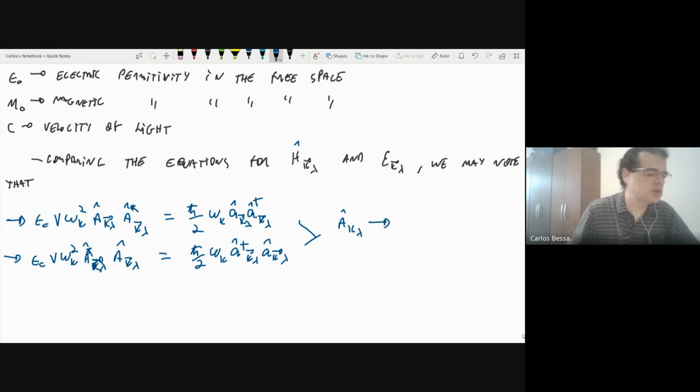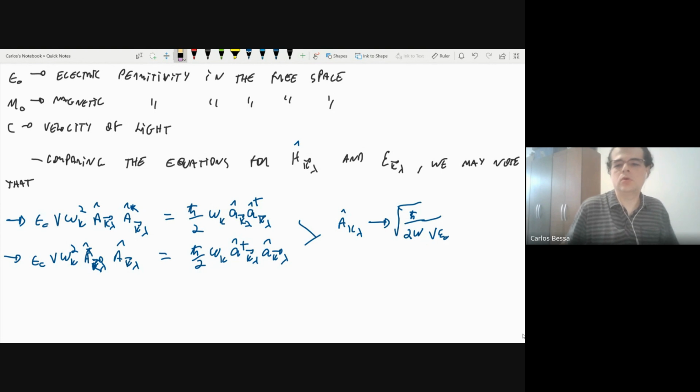So we will have A k lambda associated with this. If you make these relations here and solve these equations, it's simple. You just have h bar over 2 omega k V epsilon 0, times A k lambda.